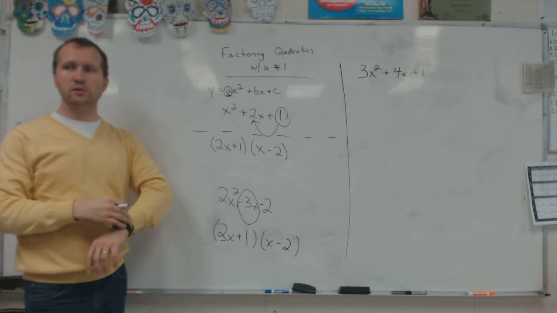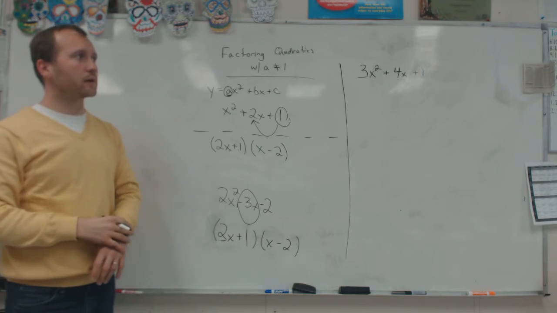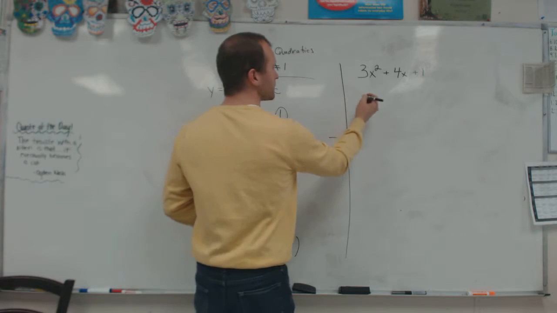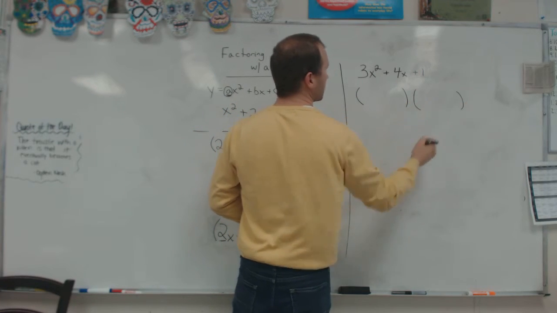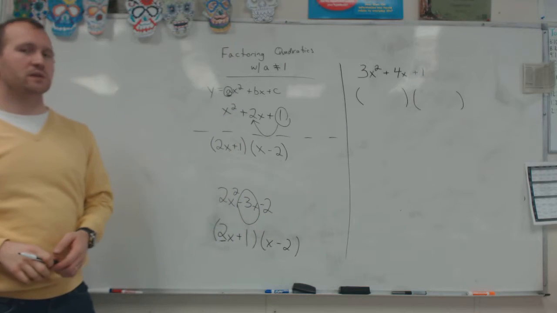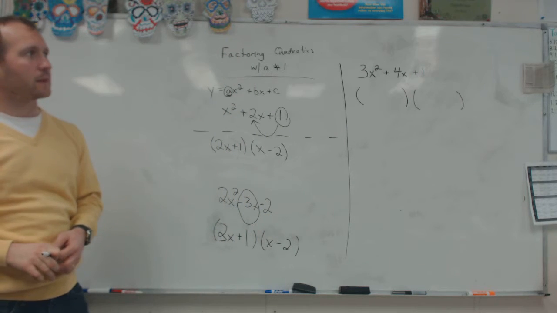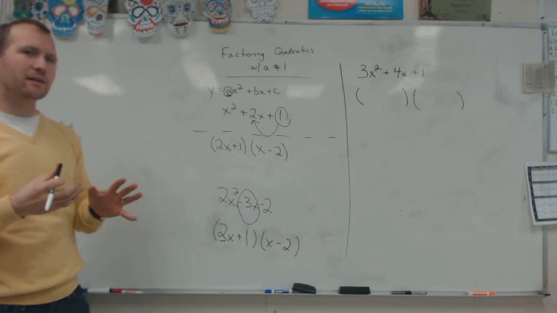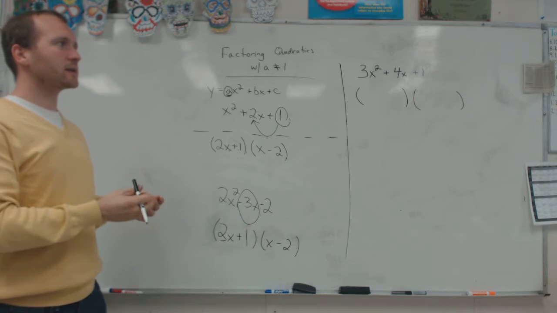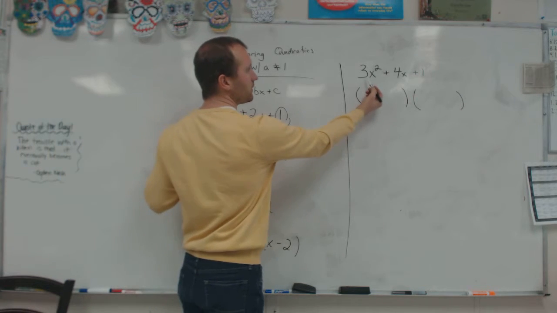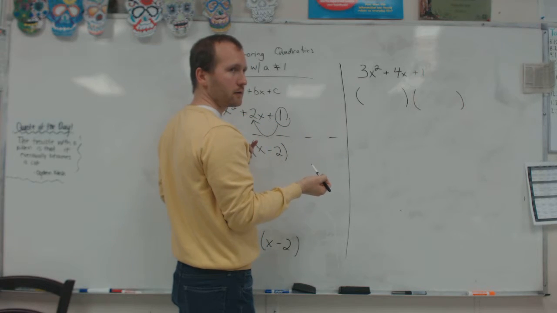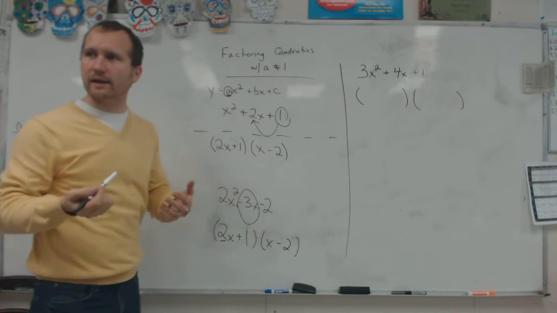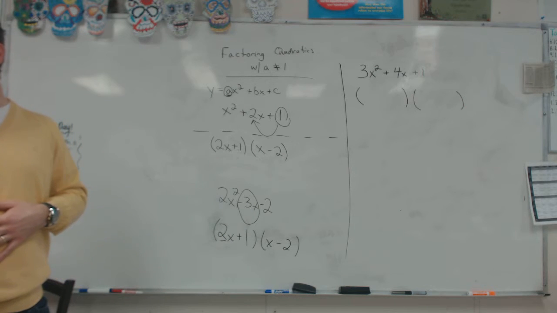So we're looking for two terms that are going to give us this quadratic. And again, this hint that I gave you is going to work pretty well here. Since we only have one possible way to make 3x squared, just guessing and figuring this out is going to be the best trick.